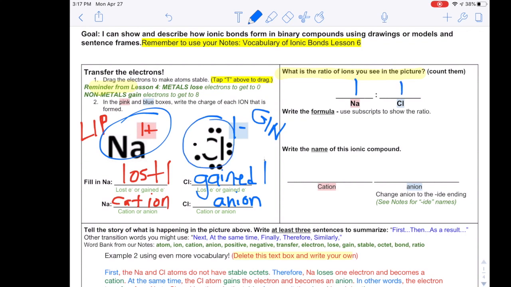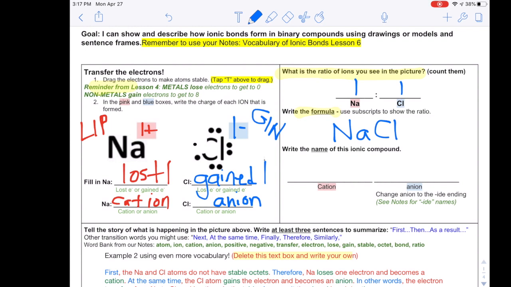So not 7 Cls, it's only 1 Cl. It had 7 electrons, but it's only 1 ion of Cl. And then when it's a 1-to-1 ratio, the formula shows how many ions there are to make it stable. So NaCl is the formula that means 1 Na and 1 Cl.